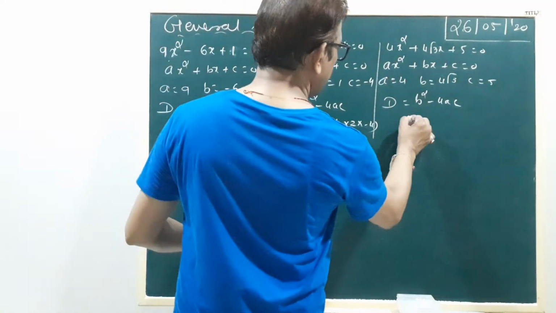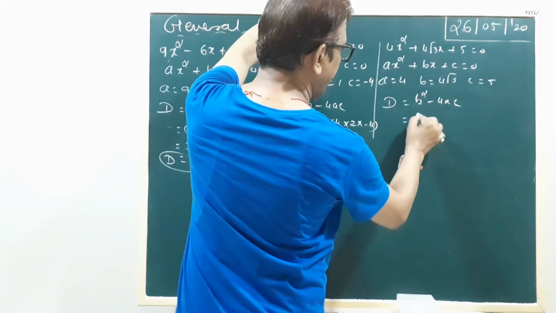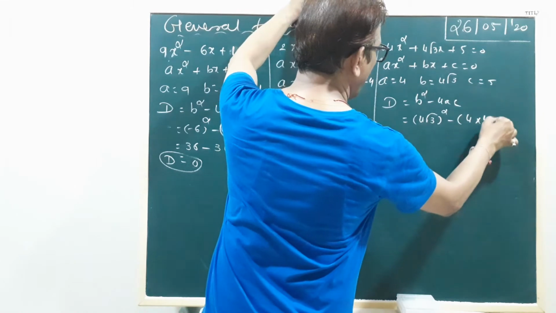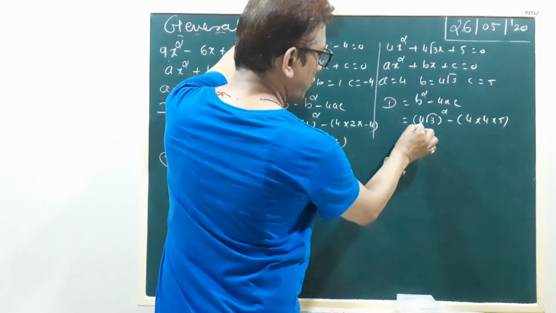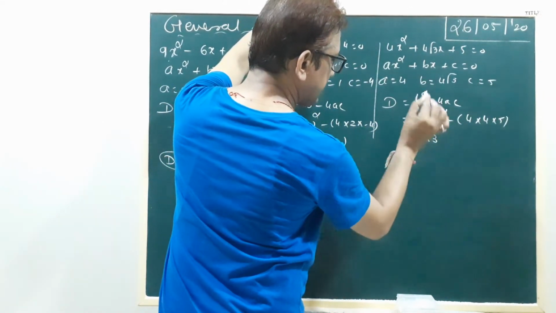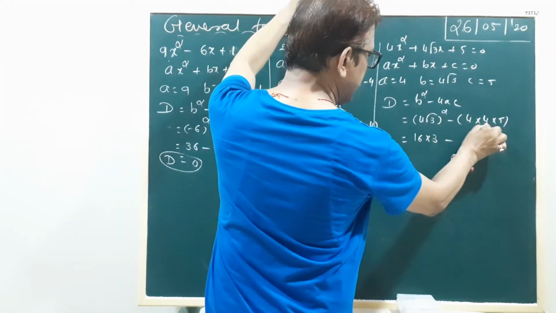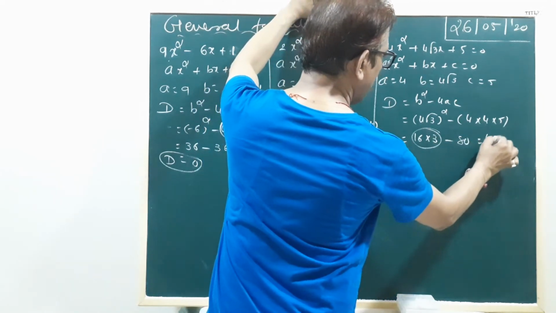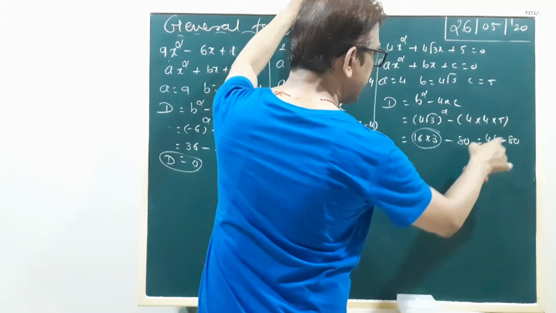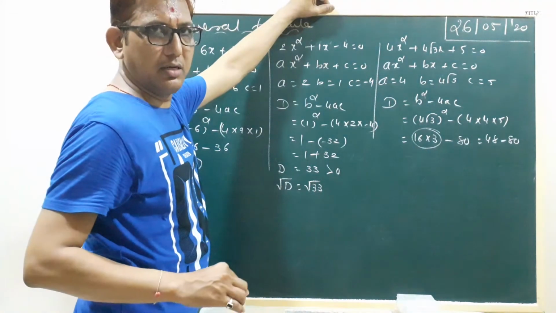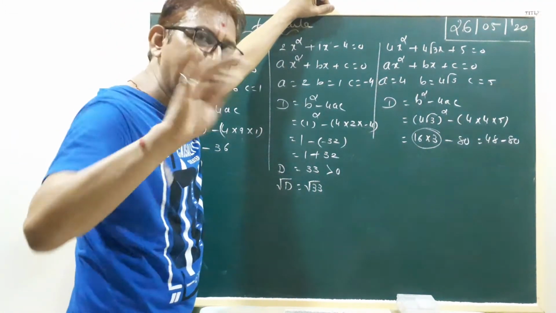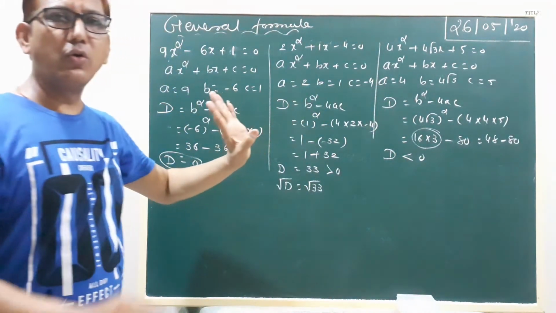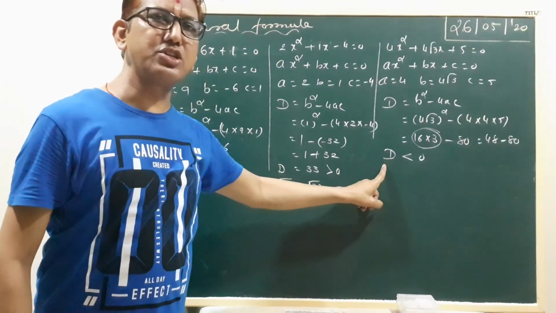Now here D equals b square minus 4ac. b square is 4 root 3 square, minus 4 into 4 into 5. 4 square is 16, root 3 square is 3, so 16 times 3 is 48. 4 times 4 is 16, 16 times 5 is 80. So 48 minus 80. Here 80 is bigger. The exact answer is not important, but the answer is negative. So the discriminant is less than 0.